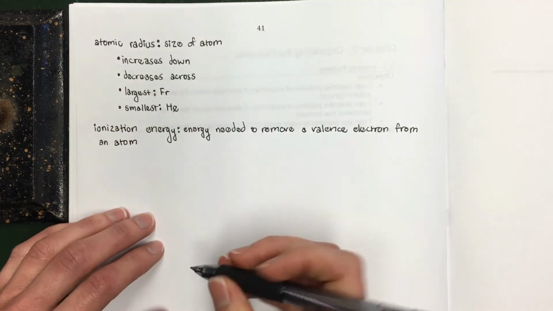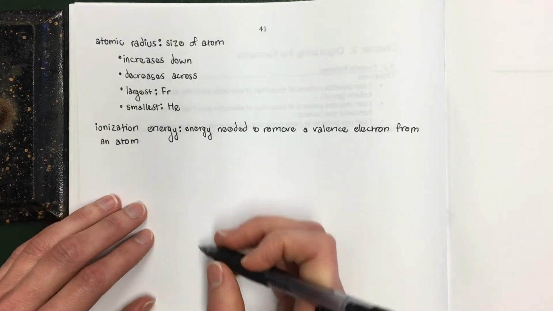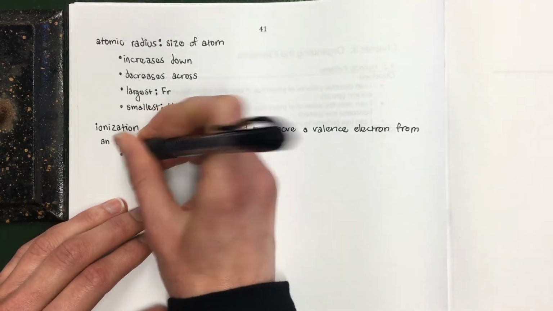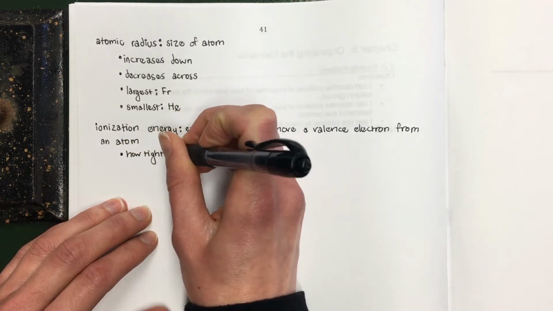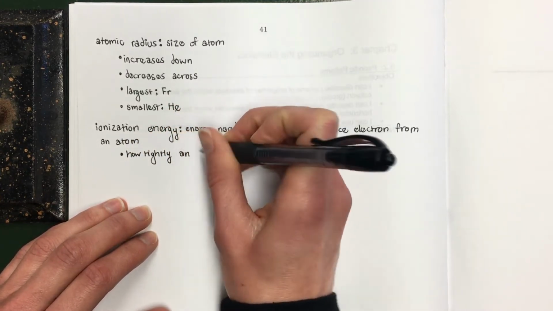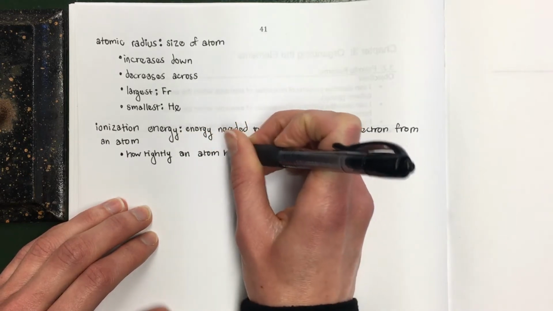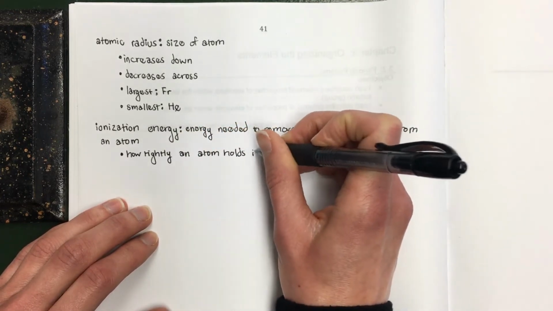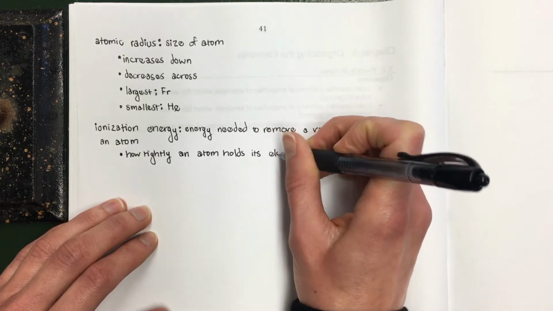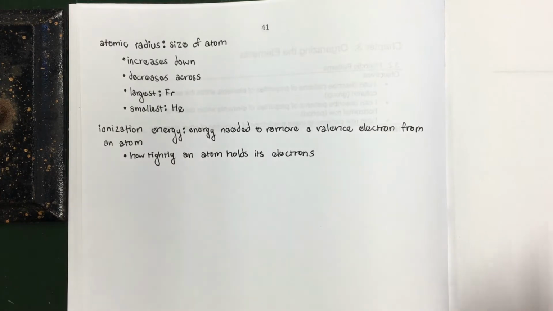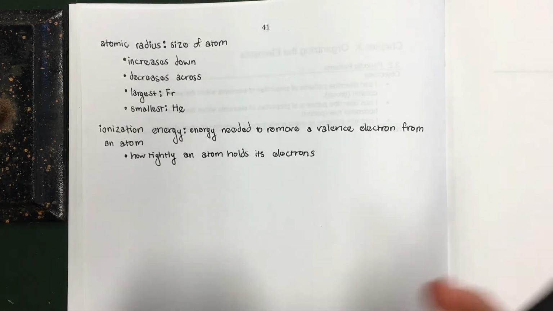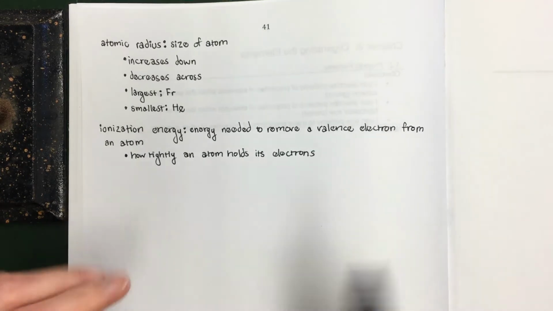Okay, another way of defining ionization energy is how tightly an atom holds its electrons. So the higher the ionization energy, the more tightly the atom is holding its electrons. If it takes a lot of energy to take an electron off, that means the atom is holding that electron really tightly. So hopefully that makes sense.